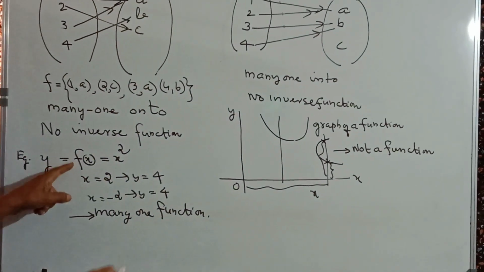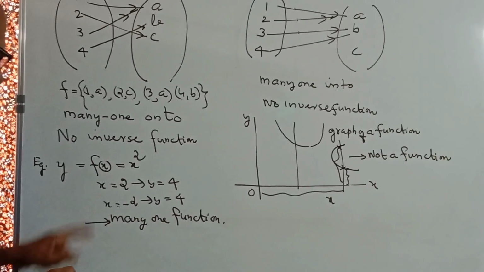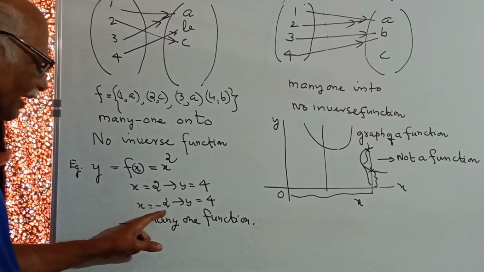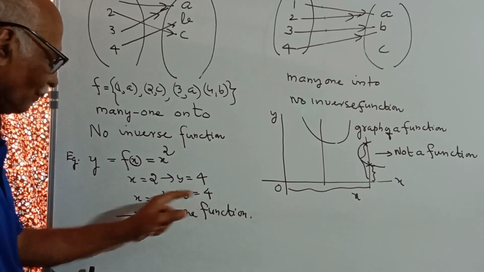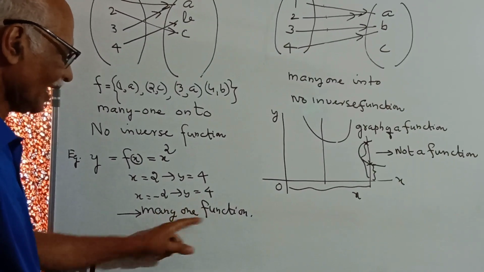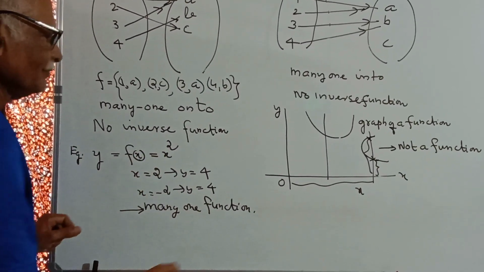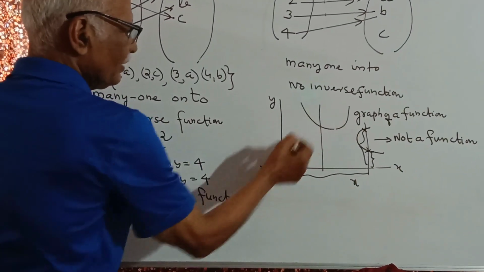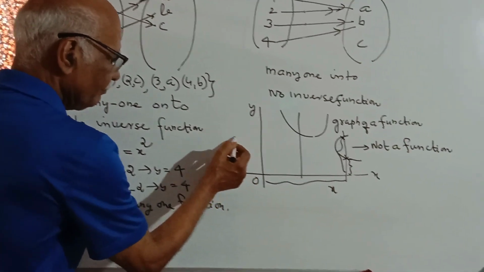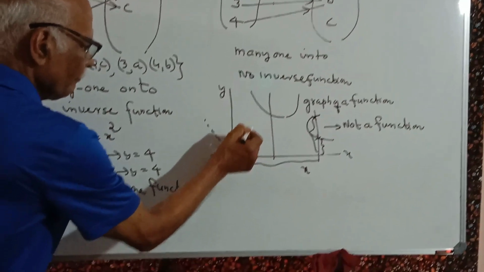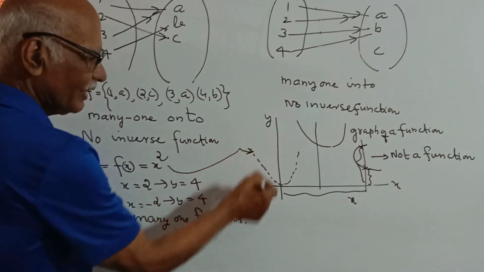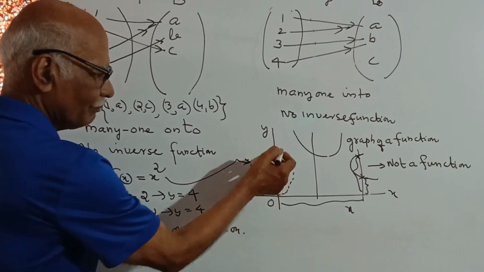Now for example, if y equals f(x) equals x squared, x is 2 means y is 4. x is minus 2 also means y is 4. So this is a many-one function. And you know the graph of y equals x squared is symmetric about the y-axis. This will be the graph of y equals x squared. A vertical line will cut only at one point.